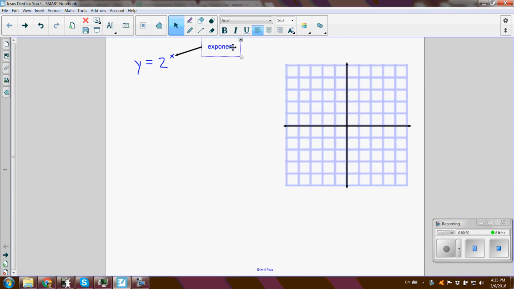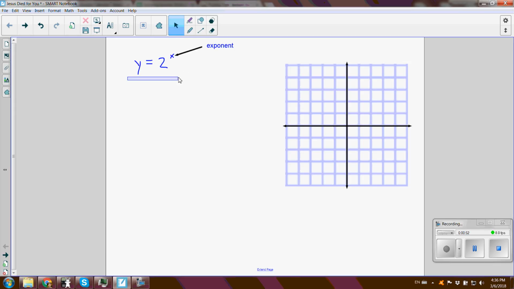And this 2 is called the base of the exponent. Now, you probably learned that in previous sections when you were learning about the rules of exponents, like 2 to the third times 2 to the fourth is 2 to the seventh, that kind of stuff. 2 is the base, and the power is also called the exponent.